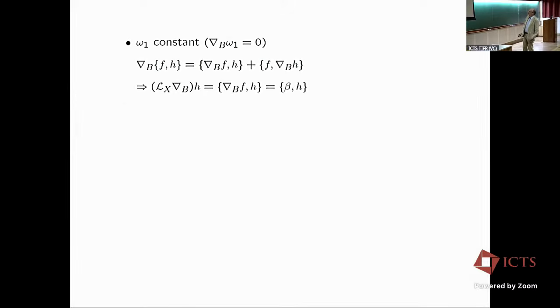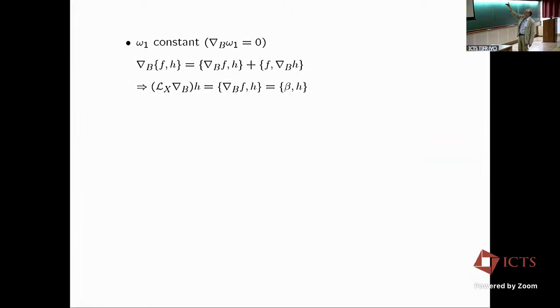And so, okay, we have to investigate the properties of this invariant connection. So first of all, omega 1 was constant with respect to this product. And so that means that the covariant derivative with respect to the flat connection is 0. So now, f, remember, is the moment map for the circle action. If I look at the covariant derivative of the Poisson bracket of f with h, then I know that Poisson brackets are preserved by the flat connection.